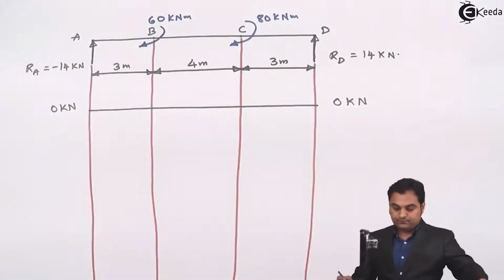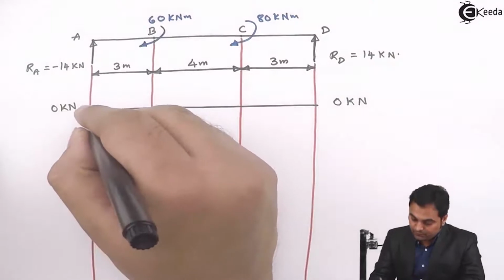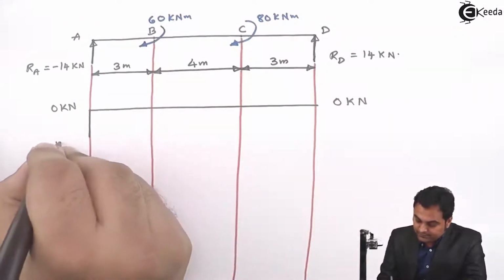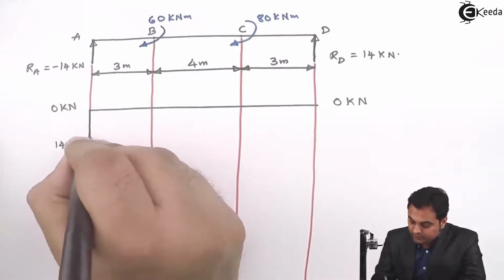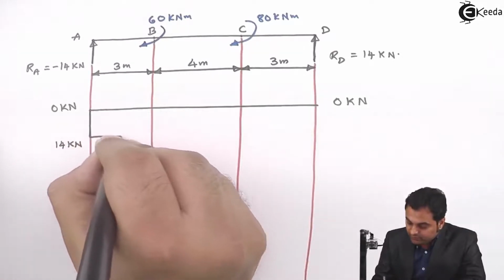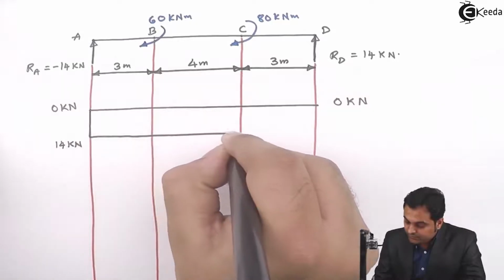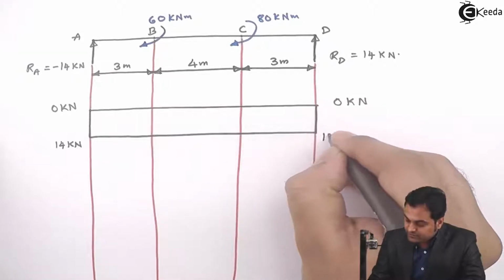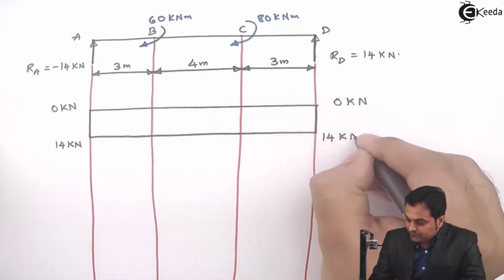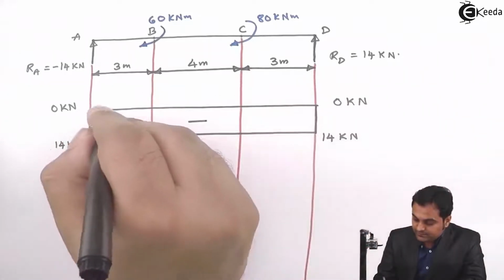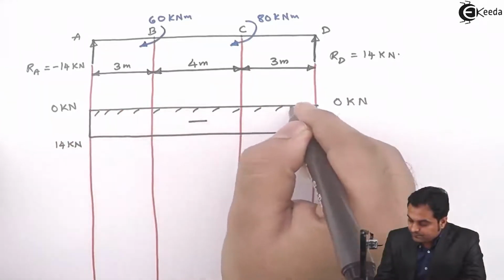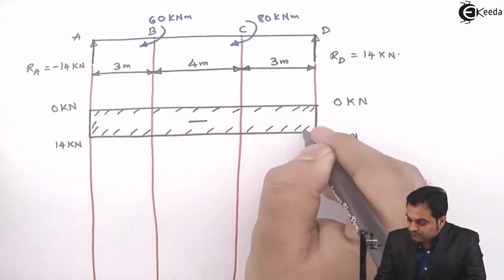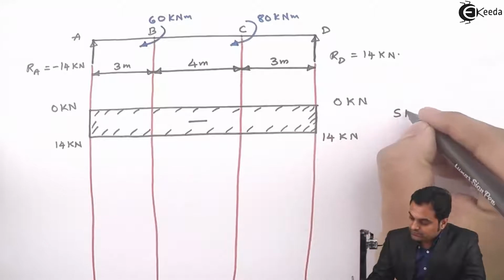So from 0 to minus 14 I plotted downwards, and this minus 14 kilonewton will continue from A to B, up to C and finally up to D. It means the shear force is a rectangle here, minus 14. So this is the shear force diagram.